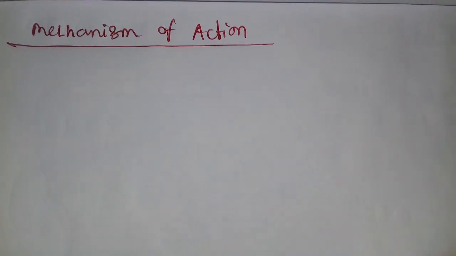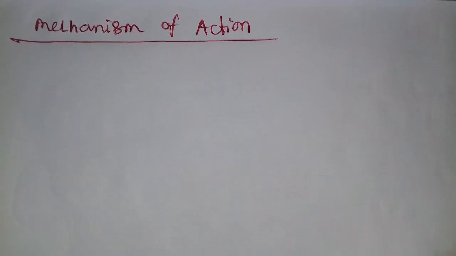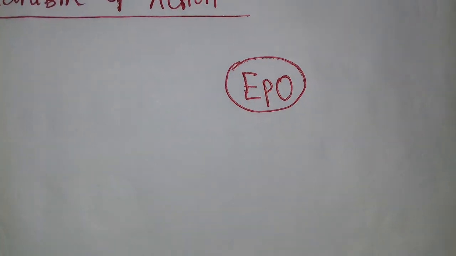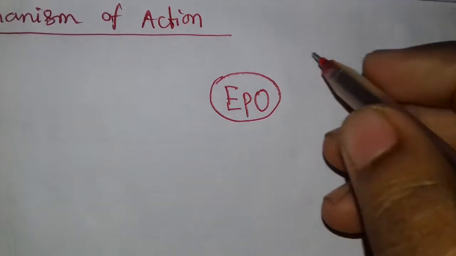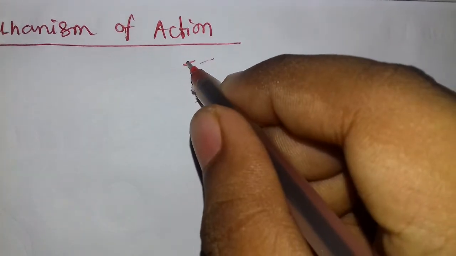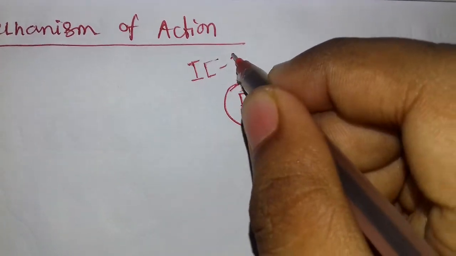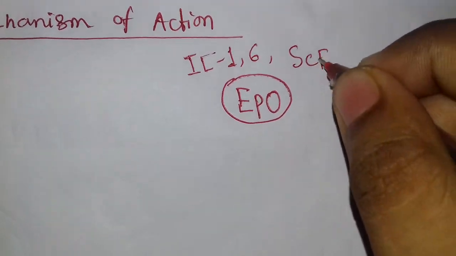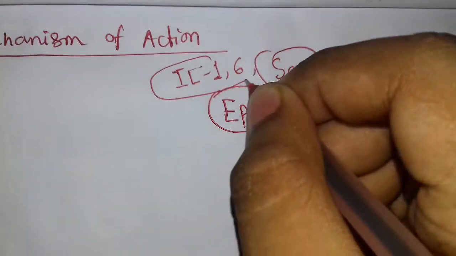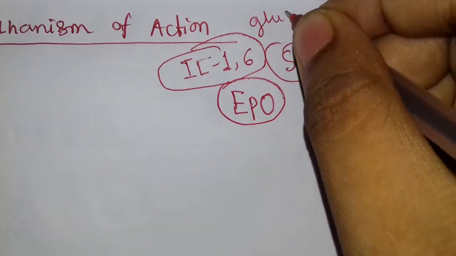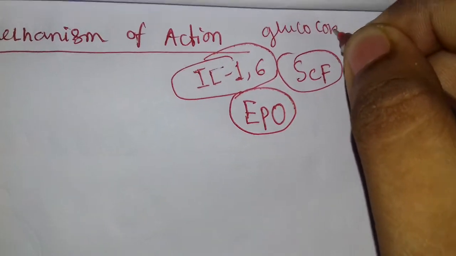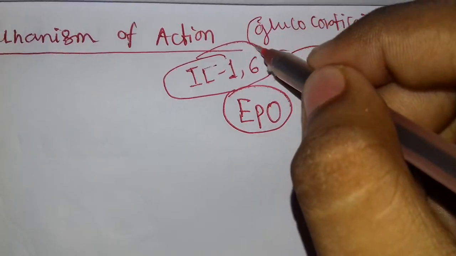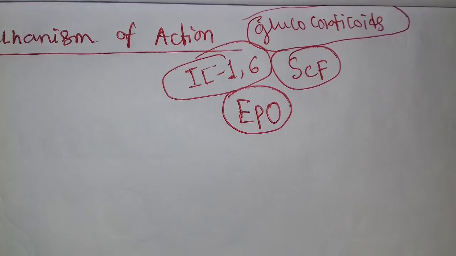Now let us know about the mechanism of action. Erythropoietin or EPO acts along with some cytokines, interleukin 1, 6, then stem cell factors and glucocorticoids. They all act on the hematopoietic system and they all stimulate erythropoiesis.